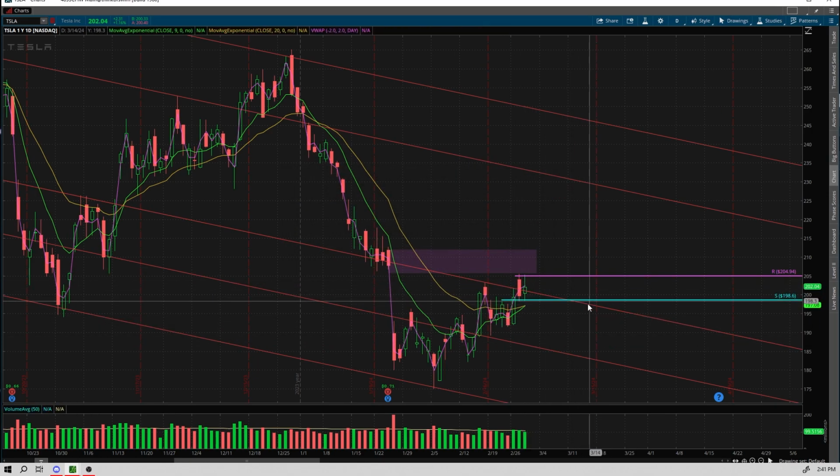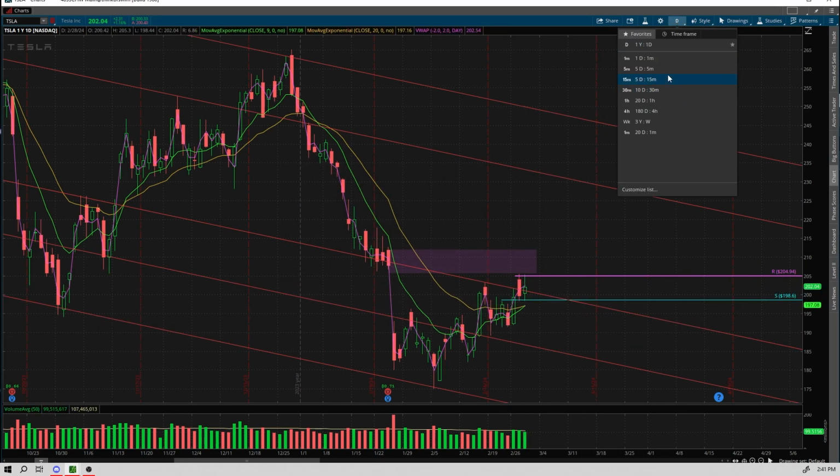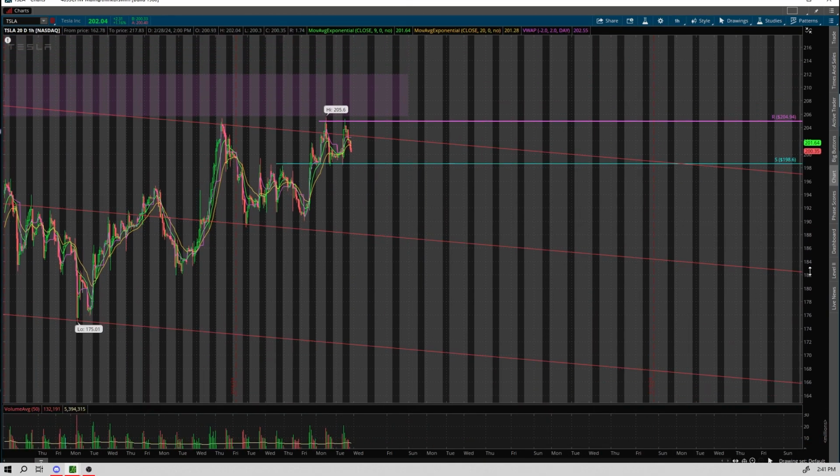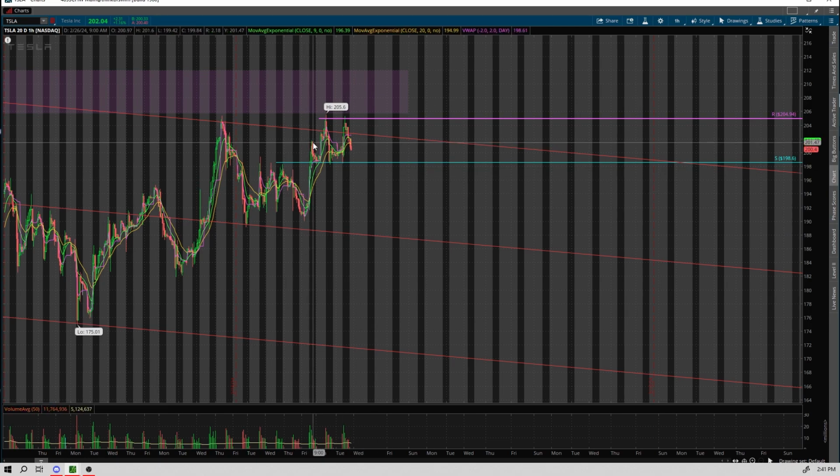So we have to fill it. We do understand that as we move up, we will be filling the gap. Okay, and I hate this. What I hate about when the gaps are at resistance is that a lot of times it's hard to play this move because we're dealing with two different things here. We're dealing with resistance.